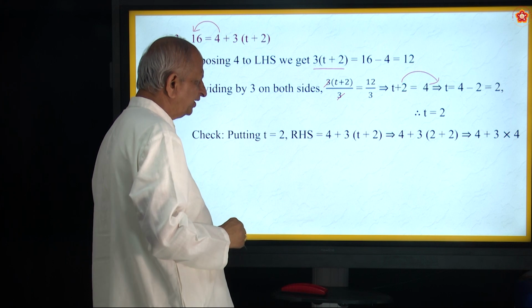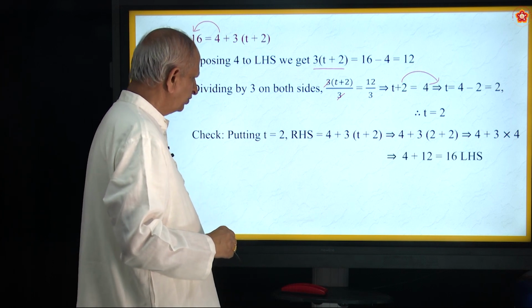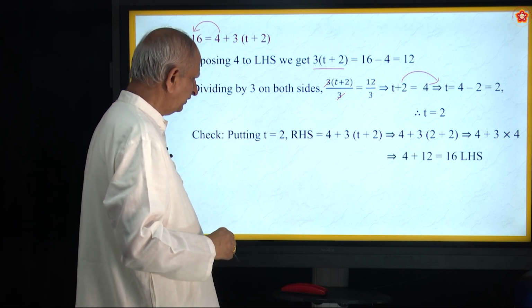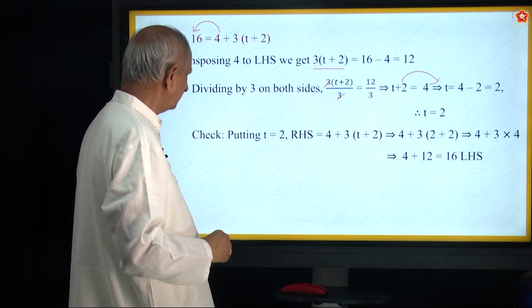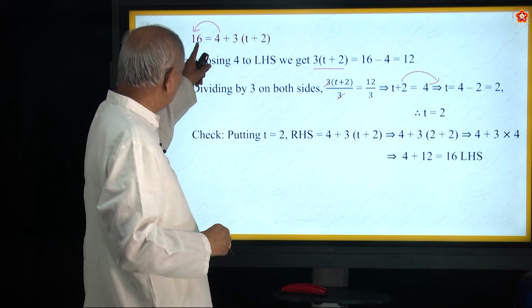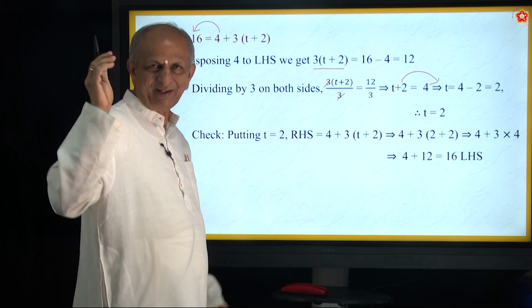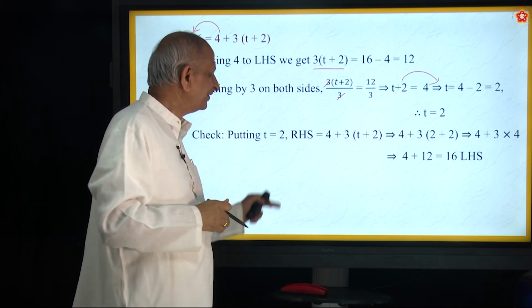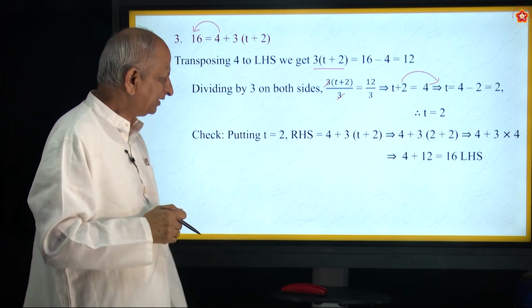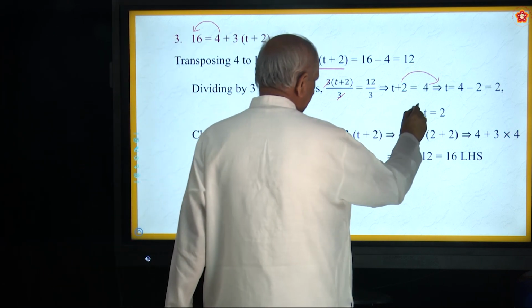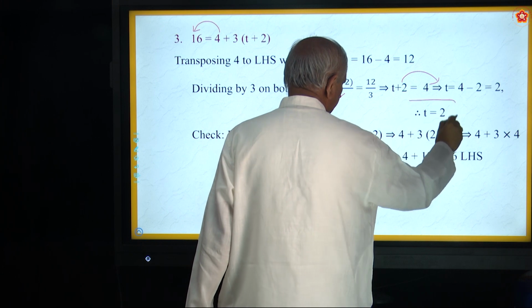So, 4 plus 3 into 4 is 12. So, 4 plus 12 is 16. So, 16 is the answer, and left hand side also is 16, correct? You got the answer. Come on, clap. So, what you have done is correct. The value of t should be 2.